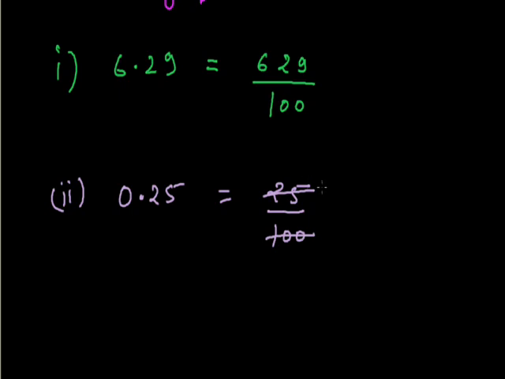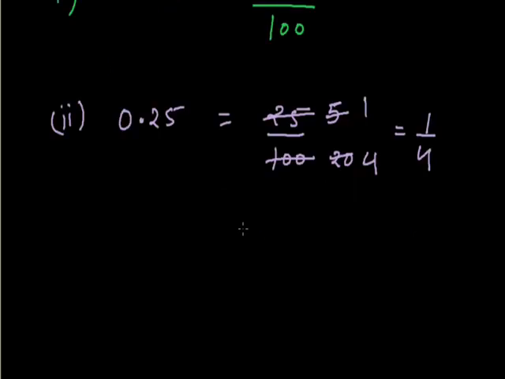We can cancel 25 by 5, 5 times, and 100 by 5, 20 times. Again we can see there is a common 5, so we will cancel 5 by 5, 1 time, and 20 by 5, 4 times. So it will be equal to 1 by 4. So this is the fractional representation of 0.25.